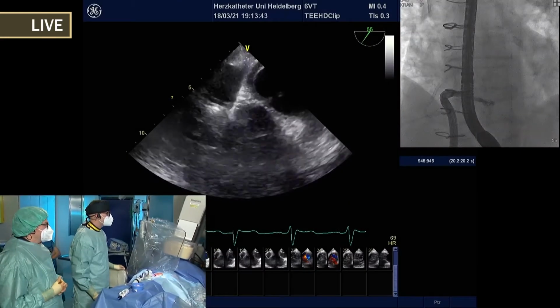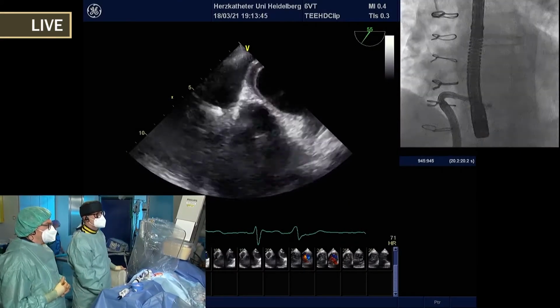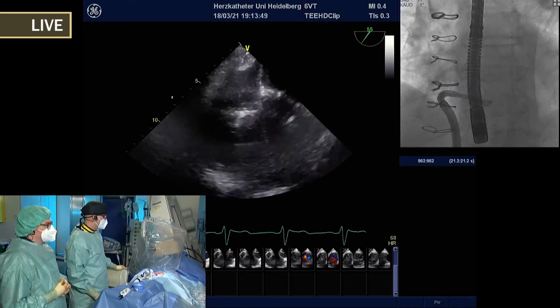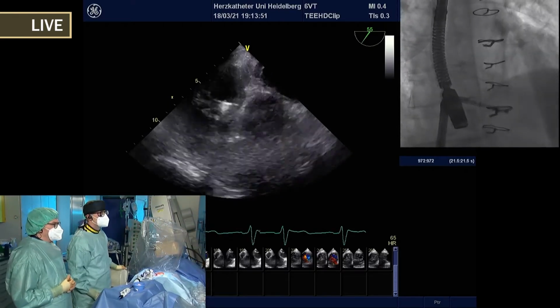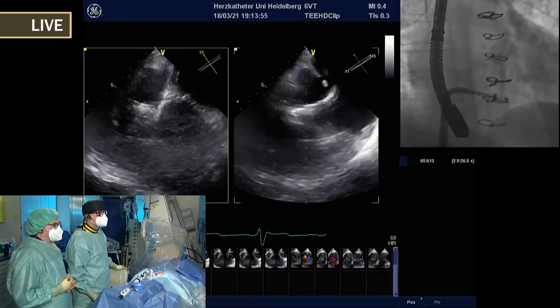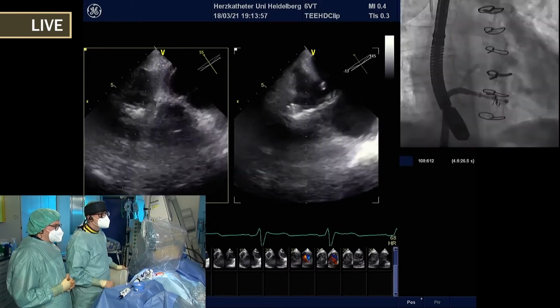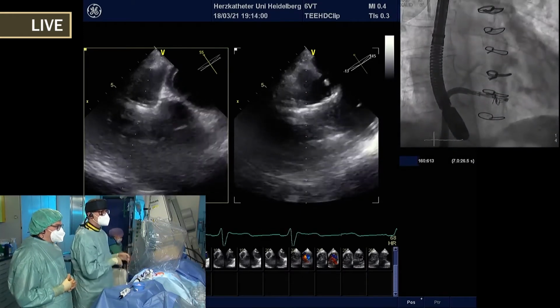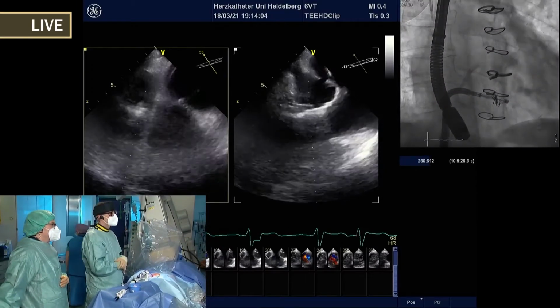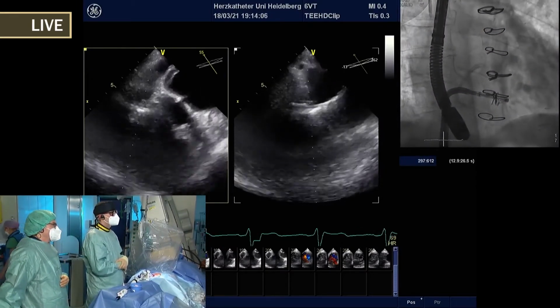If we get some lifting, try to get a position where we can see that with the X-ray. So we don't see that in this case. It's usually in tricuspid, you don't see the movement of the clasps.